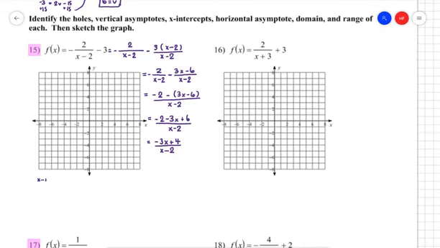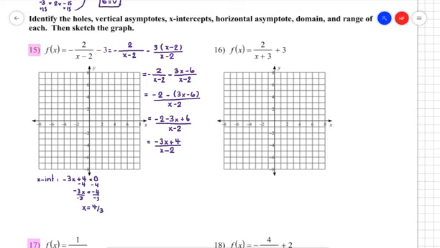First thing we look for is the x-intercept by taking the numerator, setting it equal to 0, and solving. So we got negative 4 over negative 3, which is positive 4/3.